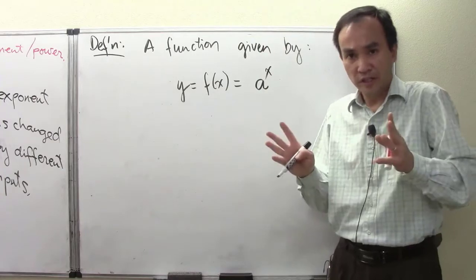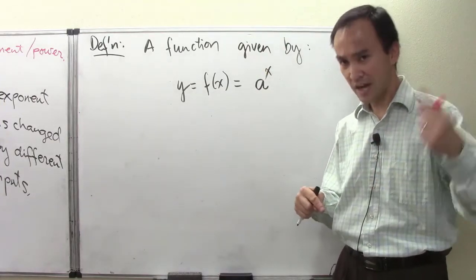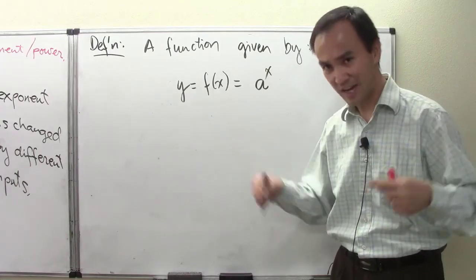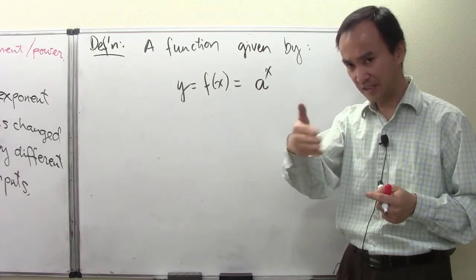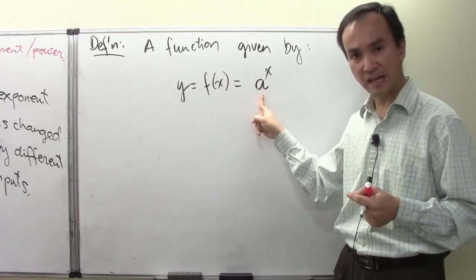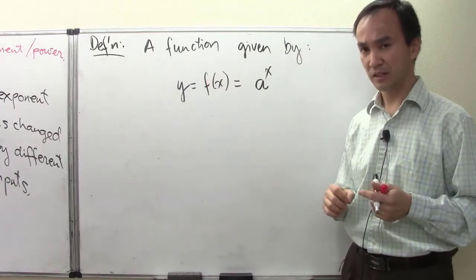Earlier in my demonstration I was using base 2, so 2 to the x, 3 to the x, or 0.5 to the x. Those are the 2, the 3, or the 0.5 being the bases. That's what the a generally is.